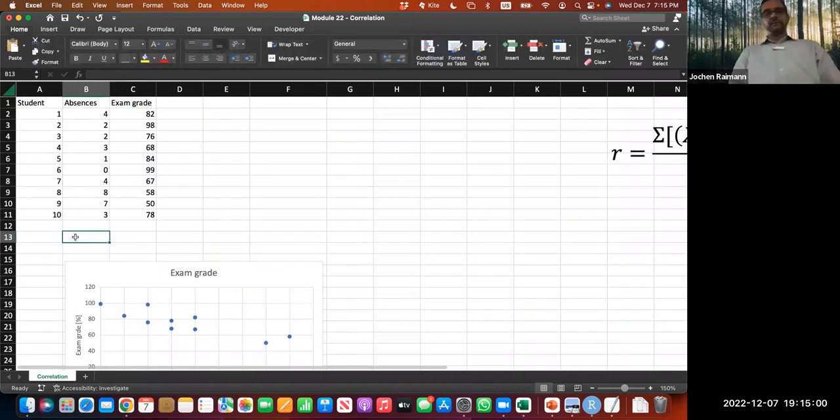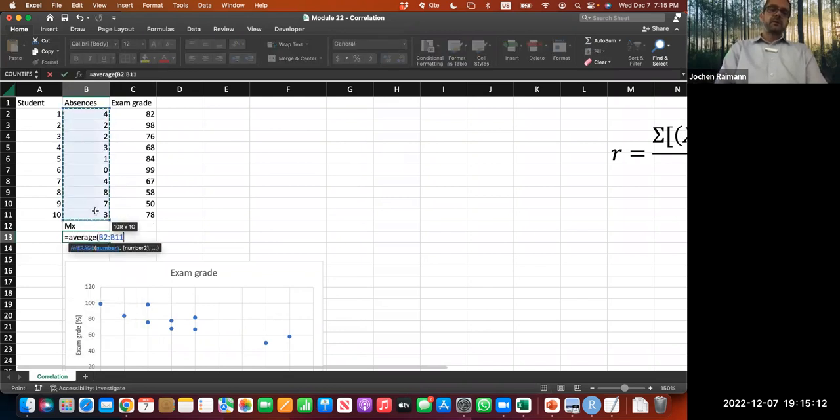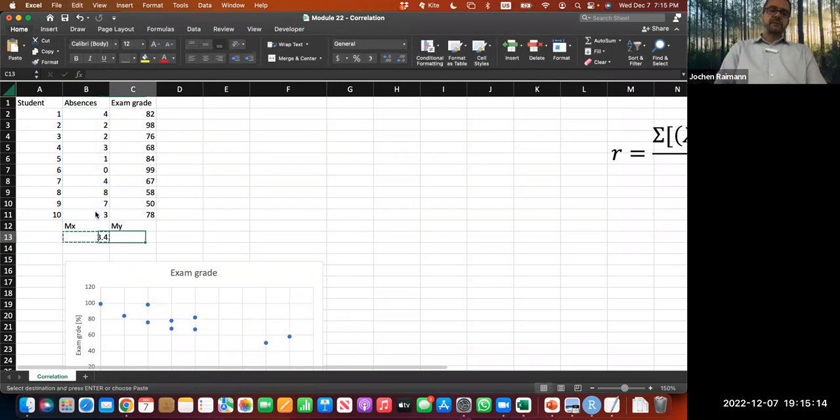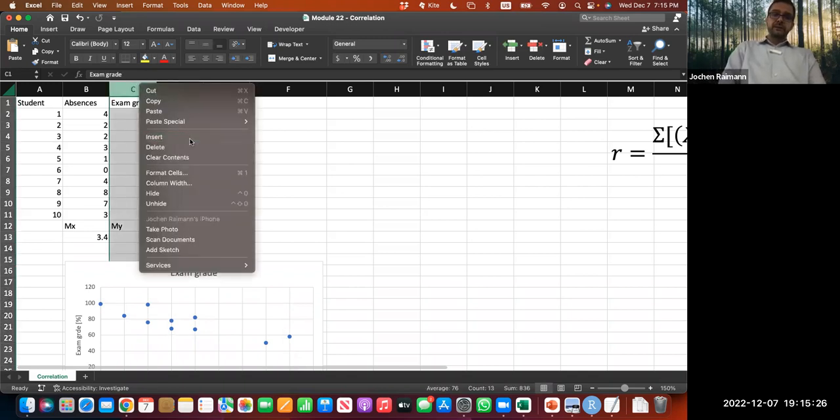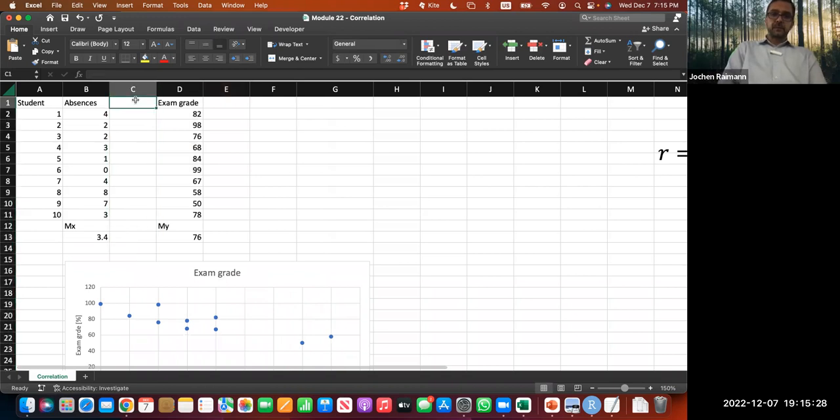Next, we need a mean. So we need an mx and my. This is simply calculated with the average function. The absences are quickly done, with 76 as the average of exam grade and 3.4 as the average for the absences. Now next, we need our deviations. Let's actually do the squared deviation.